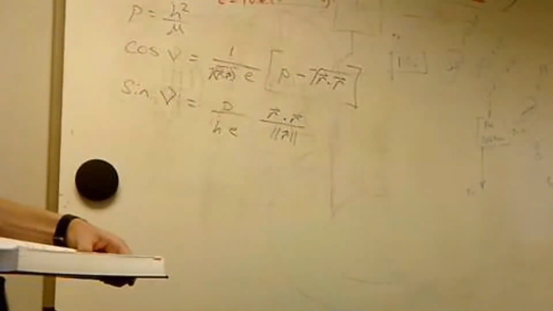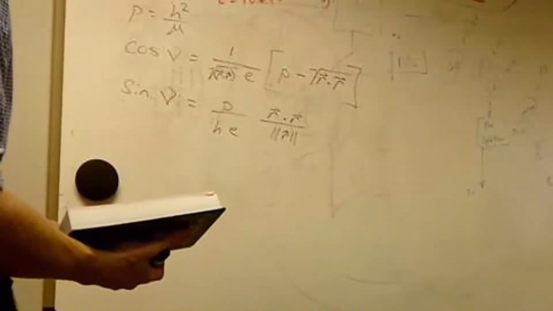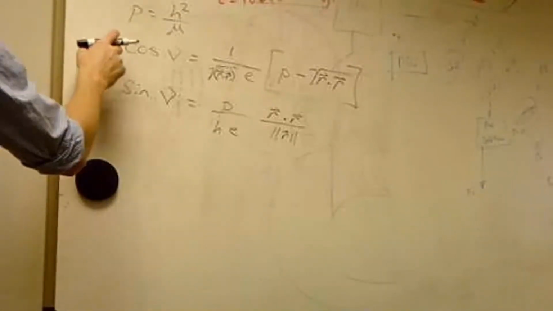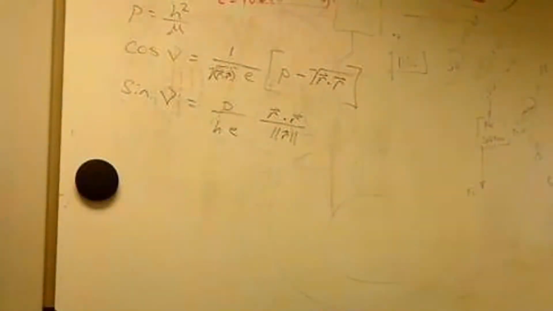Okay. So we have both, so we can do a quadrant check, make sure that we have it correct.